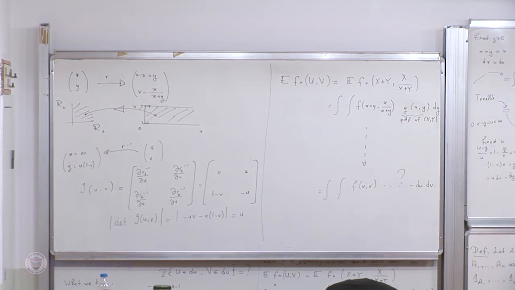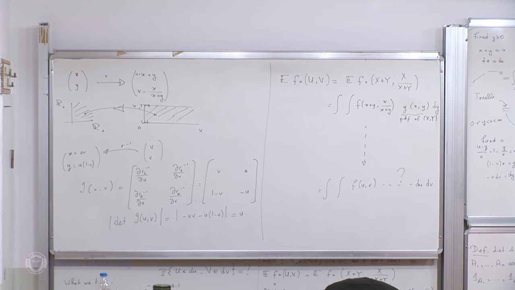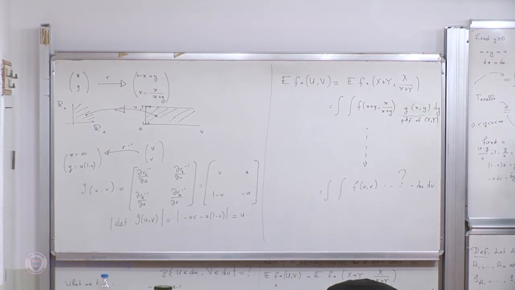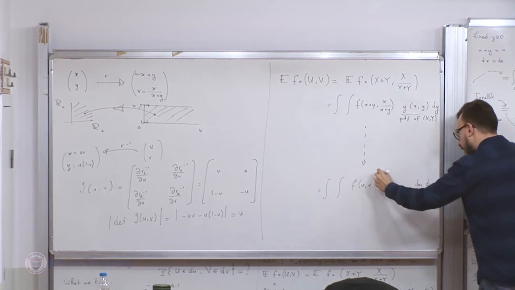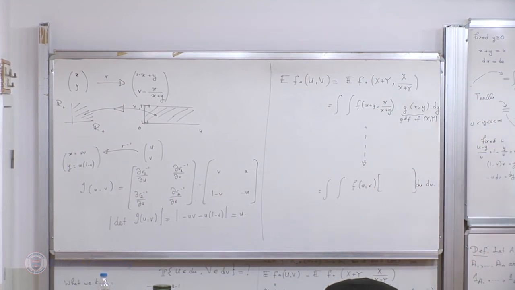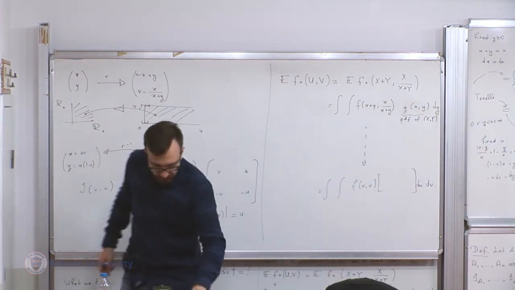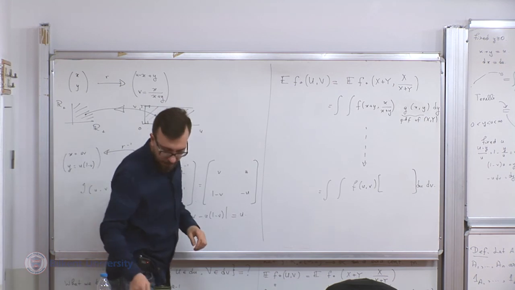Let me write it in a general way. So how are we going to figure out what is to be written here? The answer is by this Jacobian stuff.